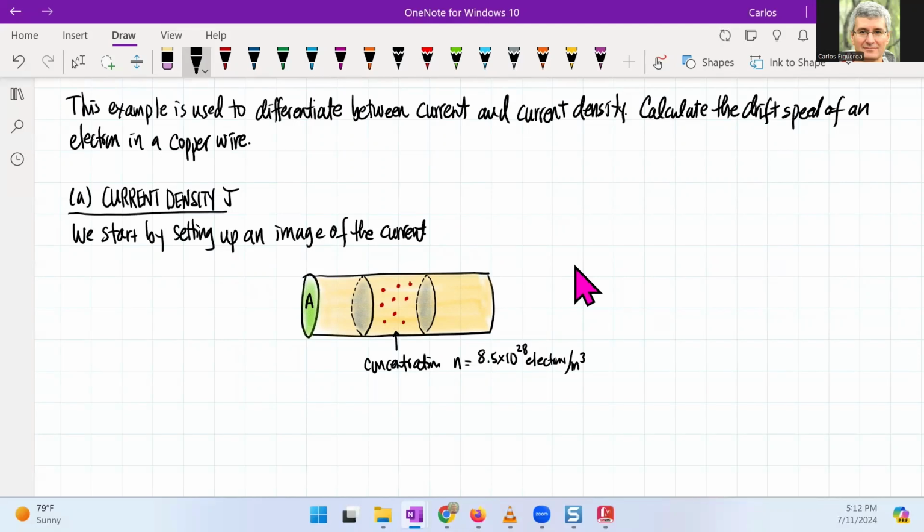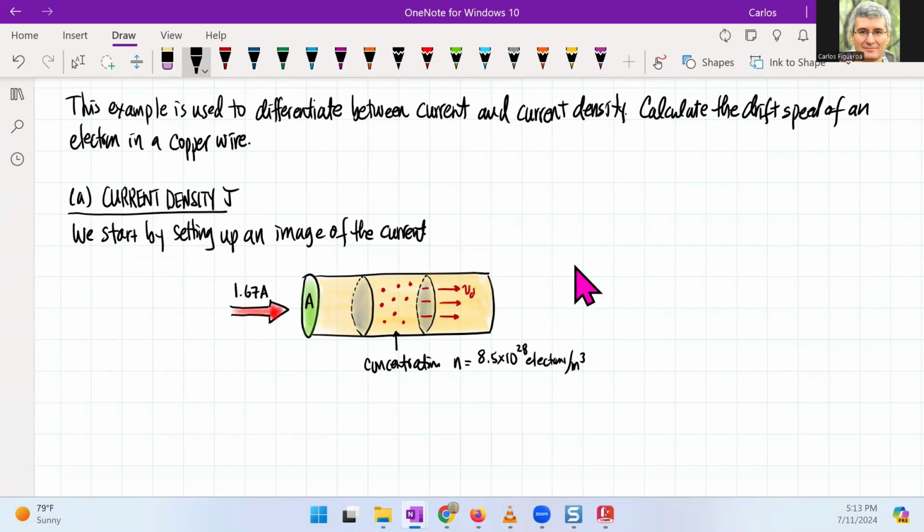So now that we have that, I'm going to have current that's now coming through this area right here, this cross-sectional area. And so all we know is that these charges, on average, have a drift velocity that's moving in that direction. Now, when I look at this current here, they're telling us that this current has a value of 1.67 amps.